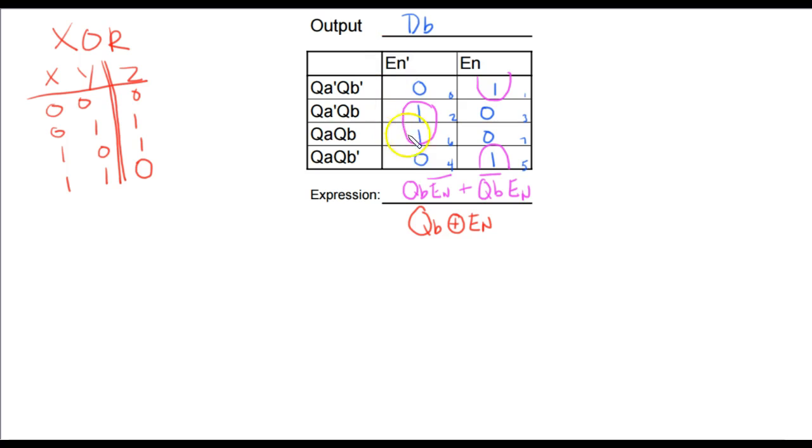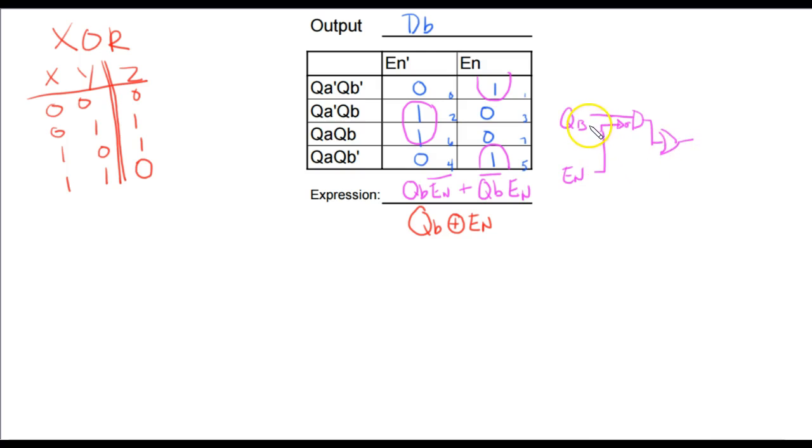So we can simplify that down. If I was to write out this expression here, I would probably need QB, and if I was to convert this into a circuit, I'm going to end up with a bunch of things. I'm going to have an inverter, an AND, an OR.